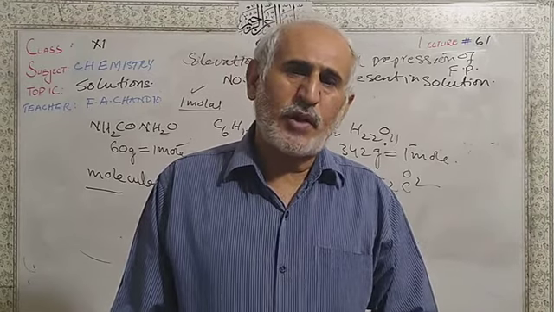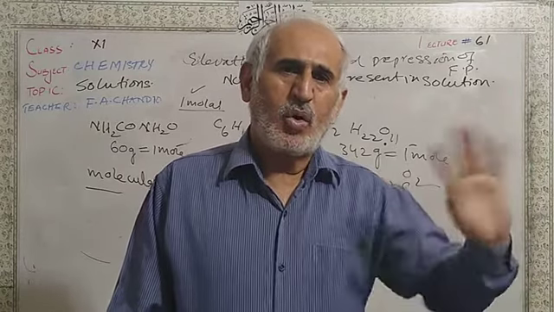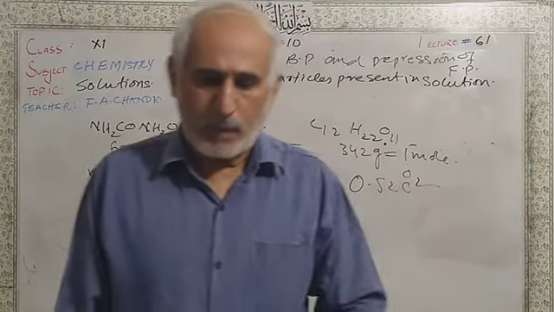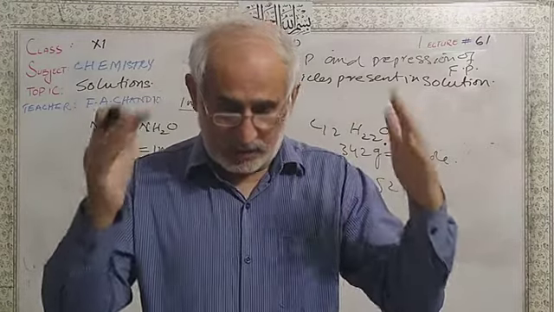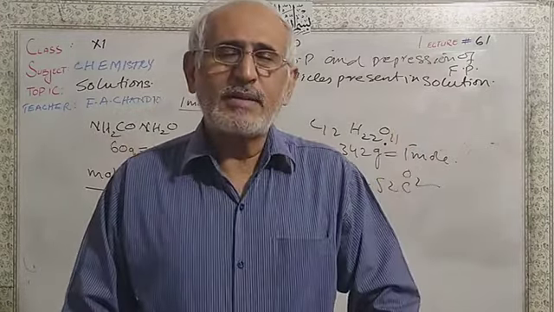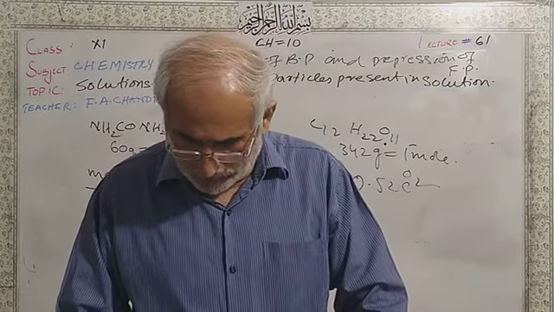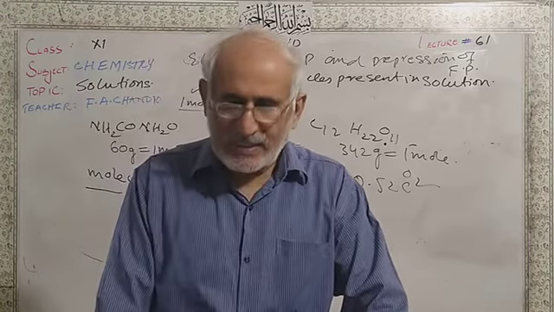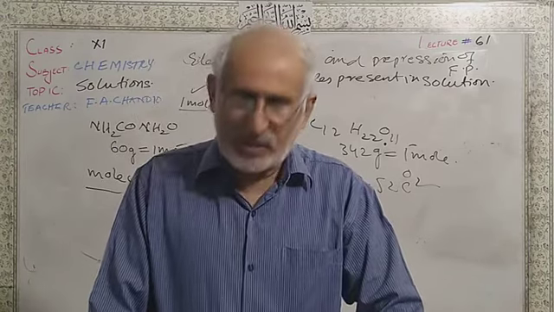Don't say that 342 dissolved gives more boiling point, and 180 second. No, the number of particles is the same, the molecules are the same. That's why the elevation of the boiling point is equal.